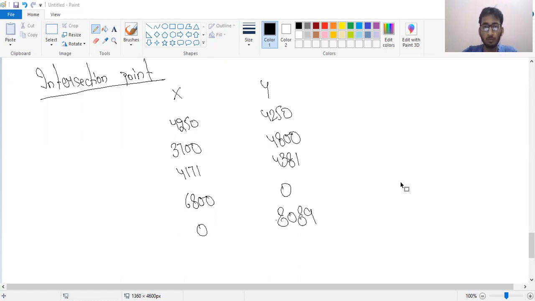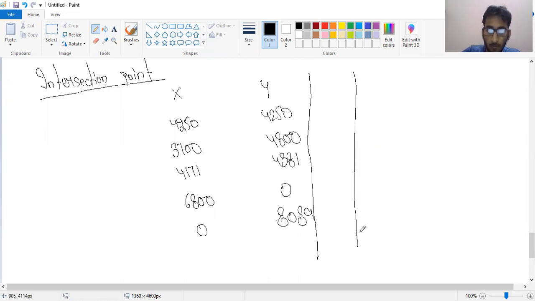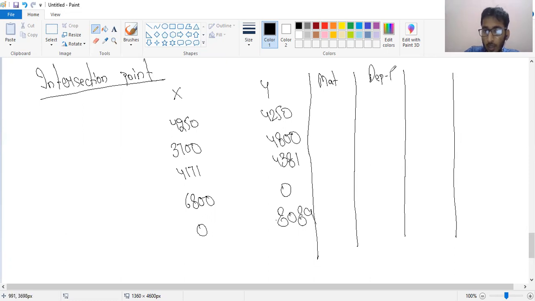So let's see. I'm making 5 different scenarios for material, department A and department B.